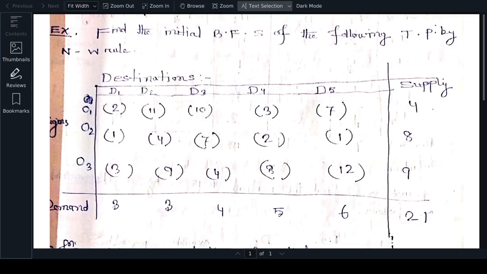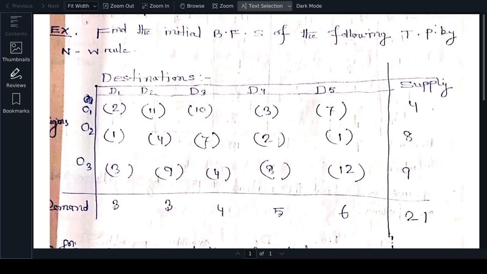So what is the demand for O1 and D1? For cell 1 1 the demand is 3 and supply is 4. So how much shall we allocate? 3, yes, good, because the minimum is 3.